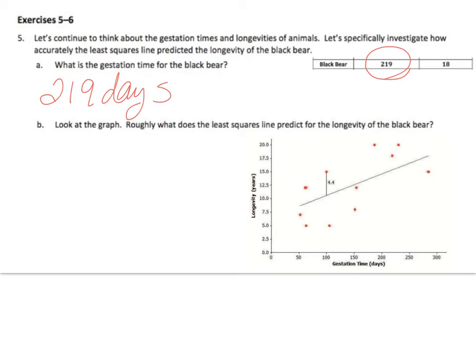Roughly what does the least squares line predict for the longevity of the black bear? If I come over here to approximately 219, I'd say about 15 years. It says roughly, which is why I didn't use the equation, I just used the graph.